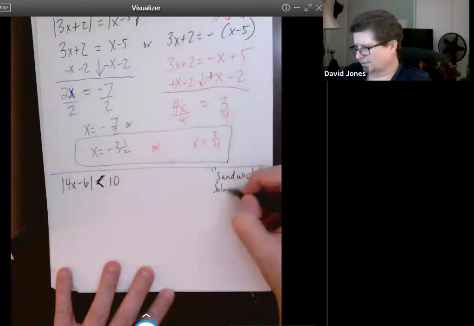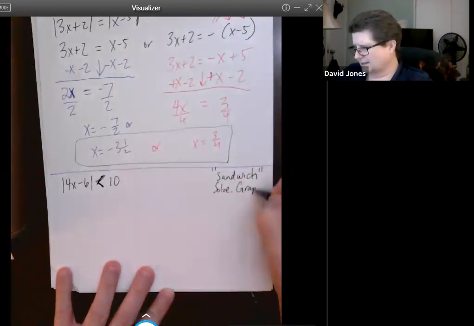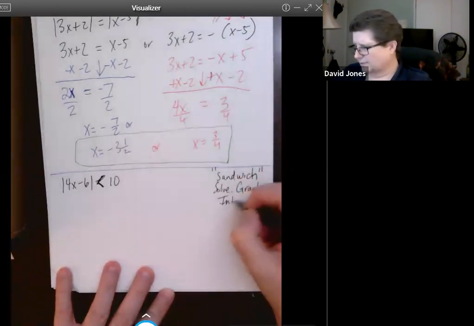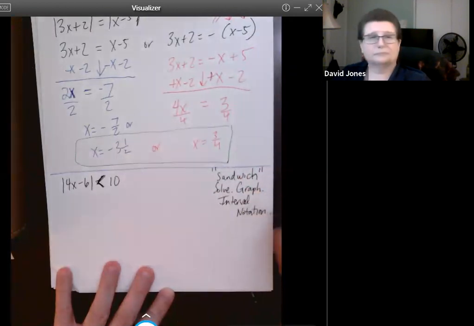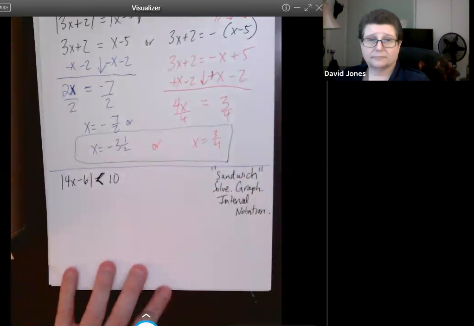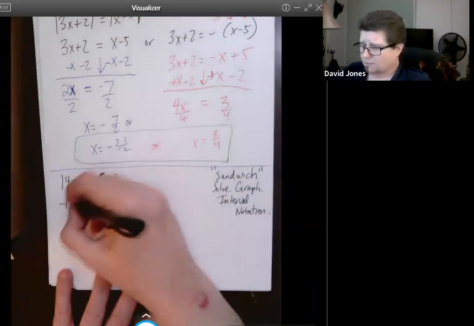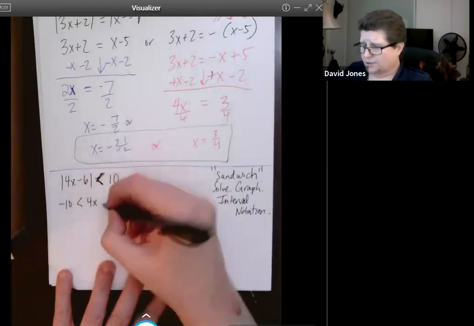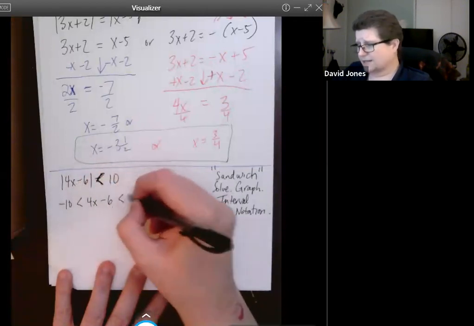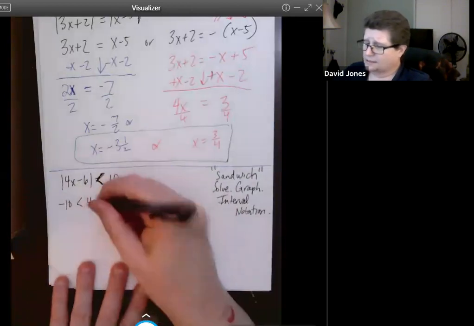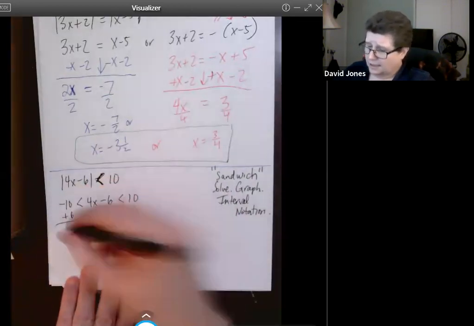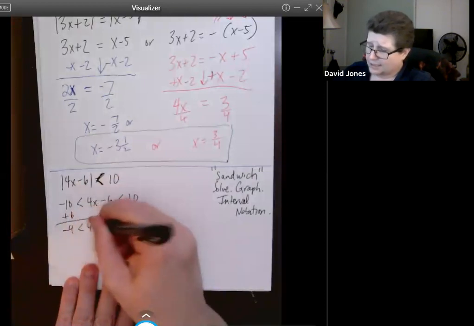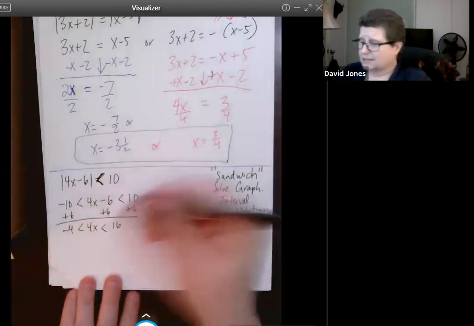Solve, graph, interval notation. So the sandwich, we can do negative 10 on the left and positive 10 on the right. Add 6 everywhere. Get negative 4 is less than 4x, less than 16.